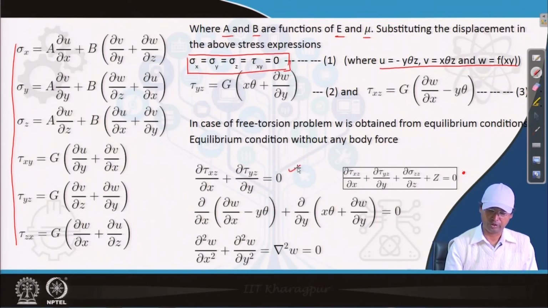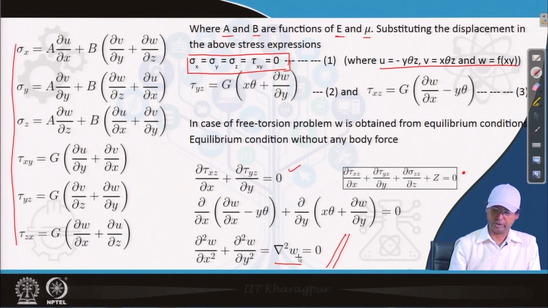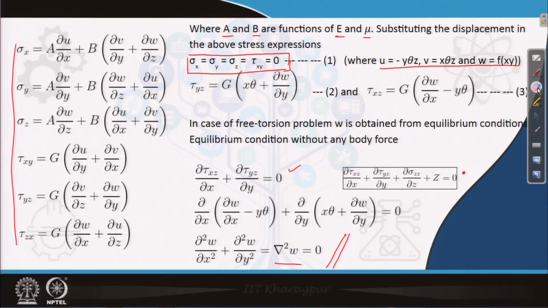Simple substitution gives a function in terms of w, which may be stated as grad square w is equal to 0. So, for a torsion problem, our equilibrium equation is grad square w, the warping function, equals 0. With that note, let us stop here for the development of the torsional problem.